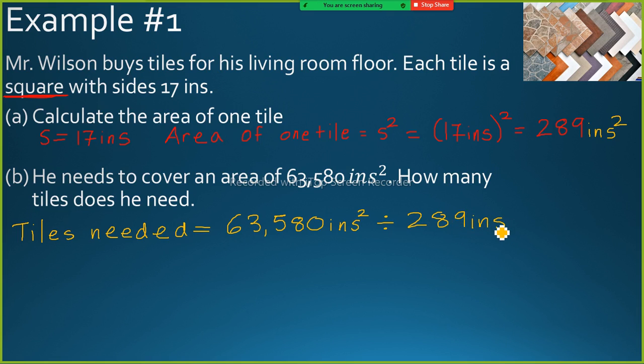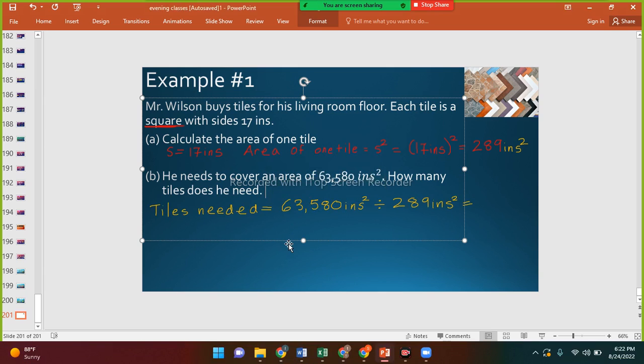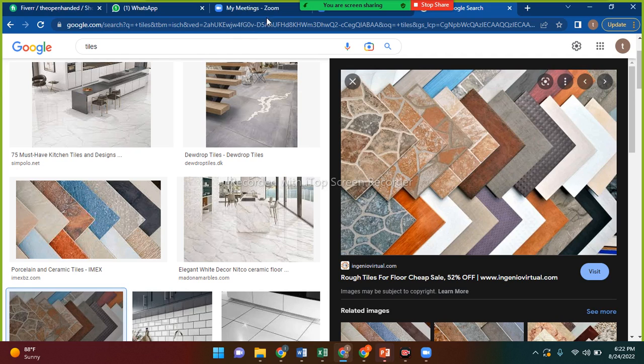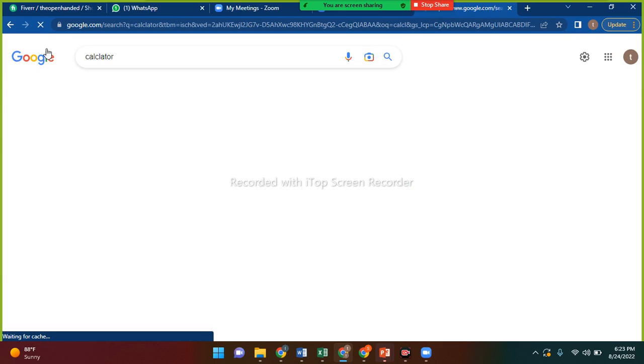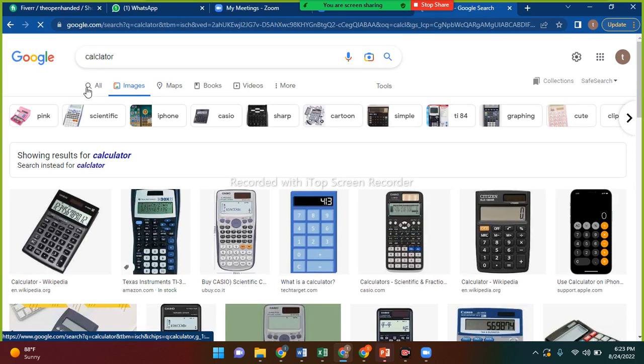Now for this one, I want you to use your calculator to find the answer. Even though we will do it by hand, I want you to use a calculator for this one because the numbers are too big. So if you don't have a personal calculator, you could go online and type in calculator, or use your phone. And what you want to do is divide.